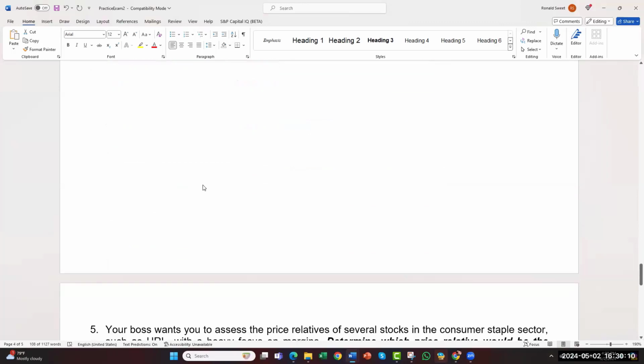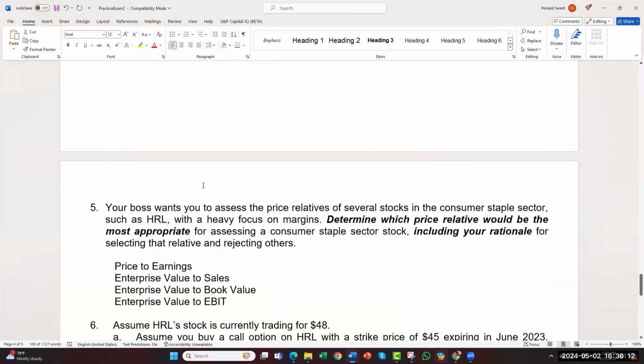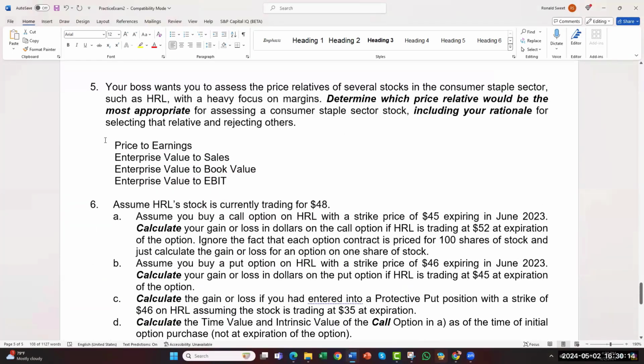All right, problem 5. Here, you want to have a comment next to each one of these. So let's just go through and look at these ratios. We're asking which is appropriate. So we'll say ratio is fine, and then we'll add the rest. EV to sales ratio is fine.